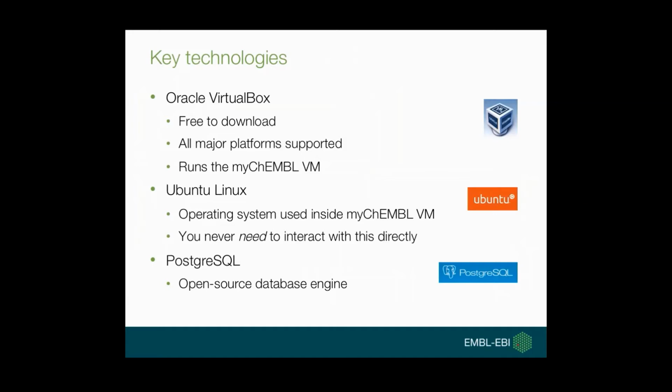The operating system that runs the virtual machine is Ubuntu. But users don't need to interact with Ubuntu if they don't want to, so they don't have to worry about maintaining or updating or using the command line at all. And then finally, the database that we use to store the ChEMBL data and also facilitate the chemical searches is the Postgres database.